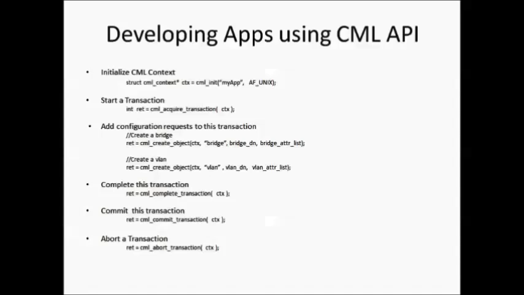So when you are calling this API, or when you are adding the configuration request as part of the transaction, at that point in time the CML framework triggers the validation for the various operations. When you call CML create object with all the necessary parameters, internally the CML engine will trigger the validation for everything: whether the parameters which are passed are correct or not, and whether the number of bridges supported by the system has already reached its max so that no more bridge creation is possible.